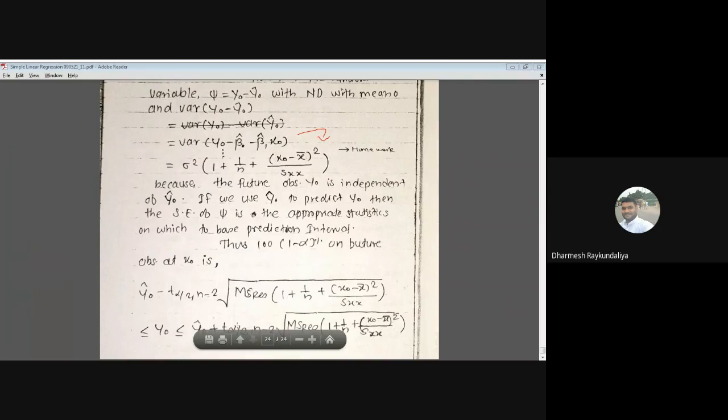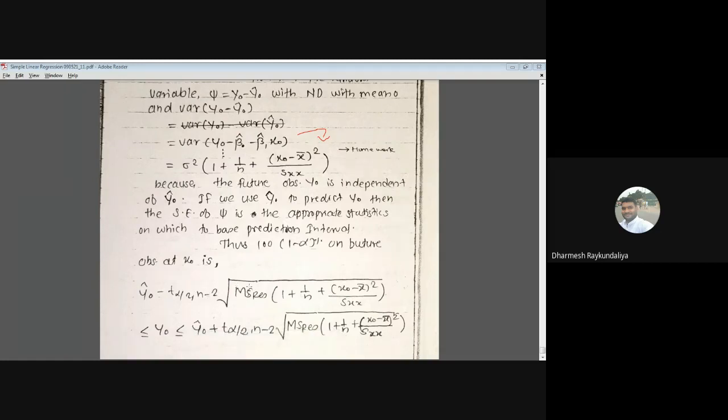This is an estimate of sigma square. So if I am talking about the confidence interval for the mean response given x0, तो ये 1 वाला term नहीं आएगा, this term will not be there. Okay. If I am talking about the prediction interval for the future observation, that is y0 cap.